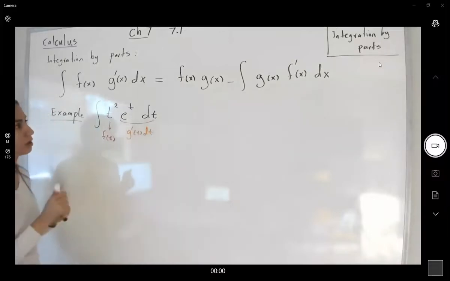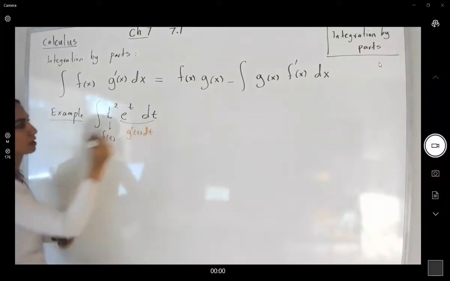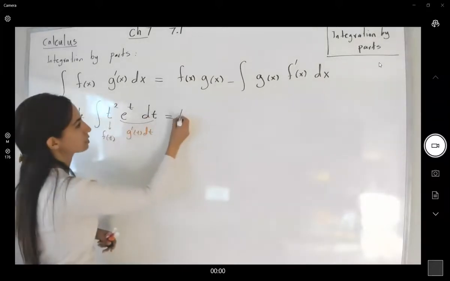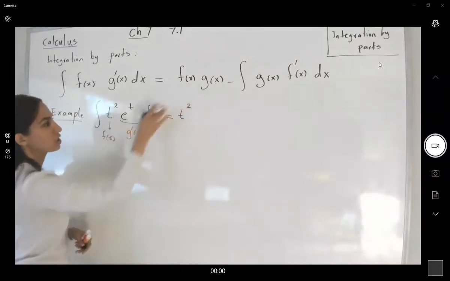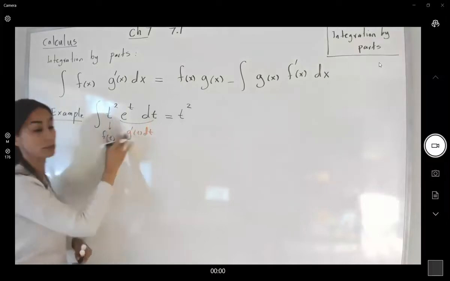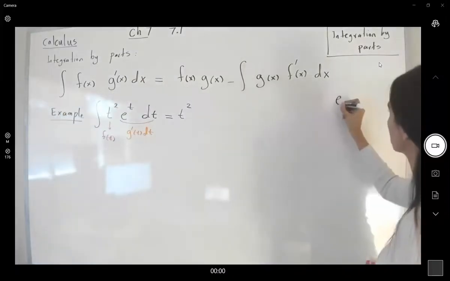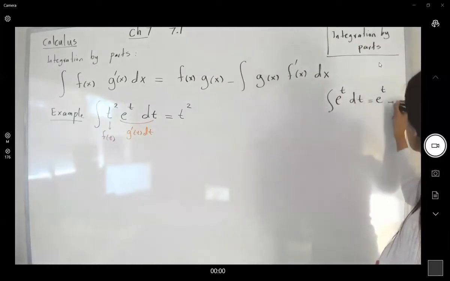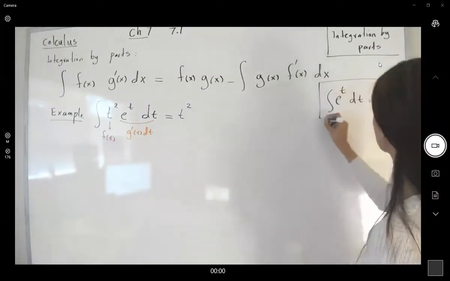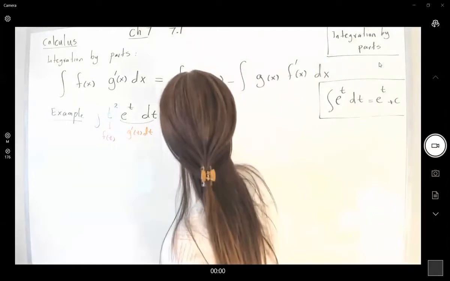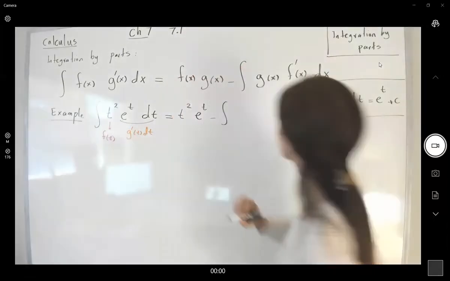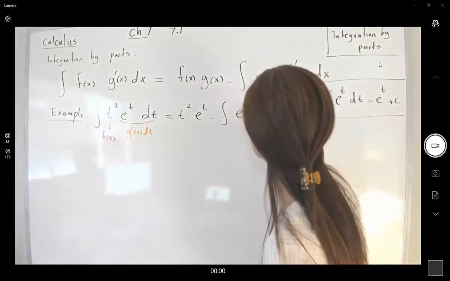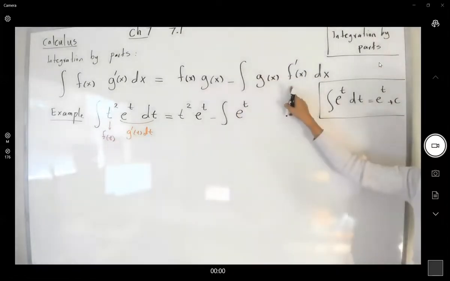Well, okay, the formula says this is now just copy down whatever your f is, t squared, and g of t, which is the antiderivative of e to the t. We already know that this guy is equal to e to the t, minus the integral of the antiderivative g times f prime.